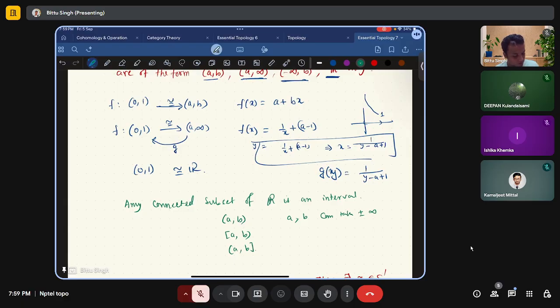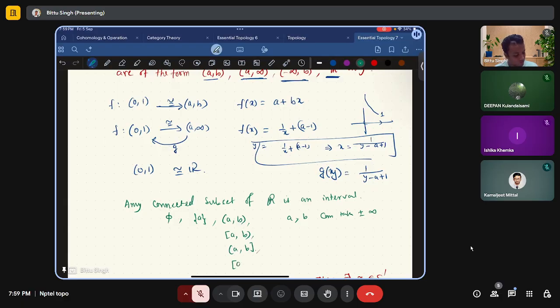There is also another trivial choice, a singleton a. Any connected subset of R is an interval. Connected means connected non-trivial subset, because empty can also be written as an interval, the open interval (a, a). So those are the only possibilities.